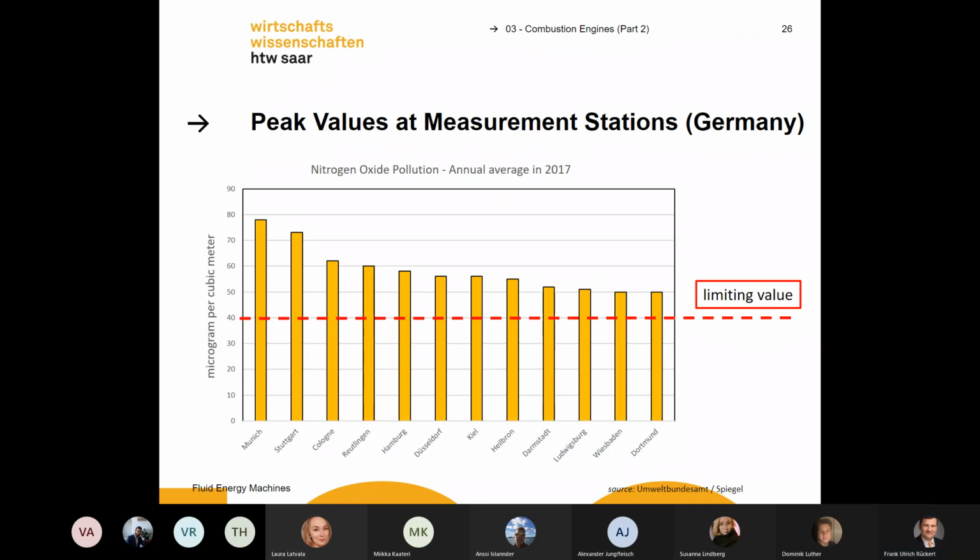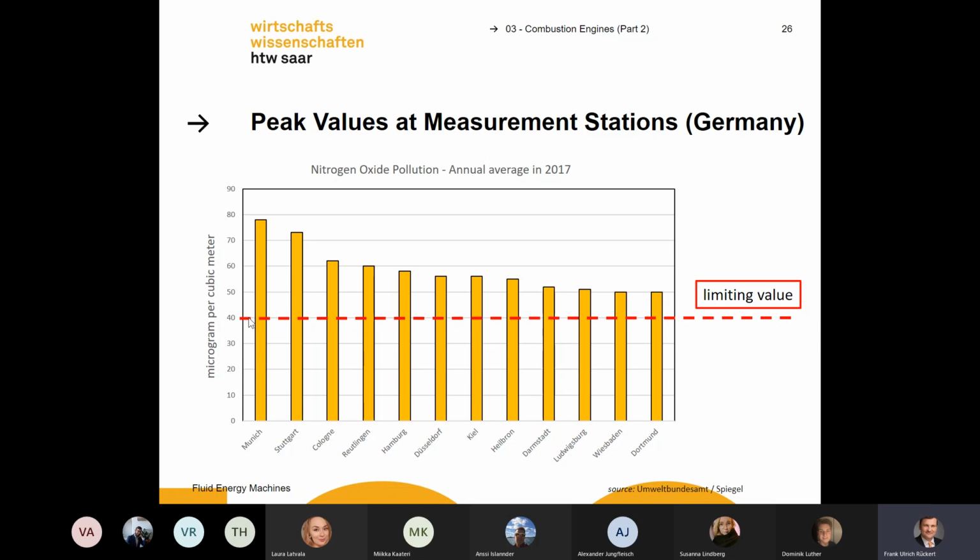Someone is calling me, but I must put it off. Okay, I just want to explain this last slide and then we are over, because it's important for me to explain it. This is the limiting value in the EU. I worked for over 10 years, 12 years, as a designer for diesel engines, and we all knew that this limiting value was too low.